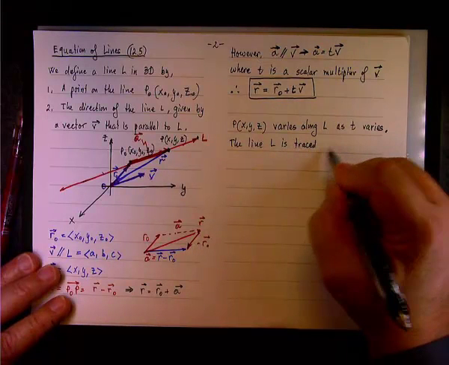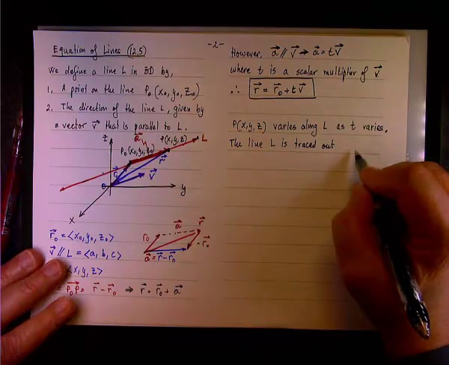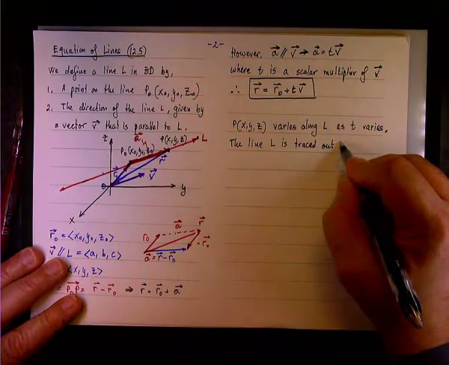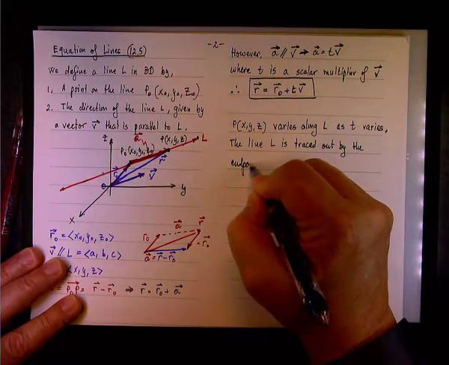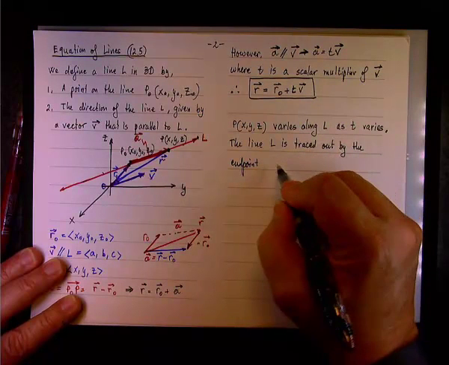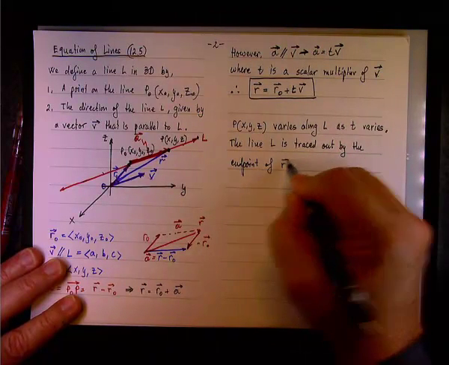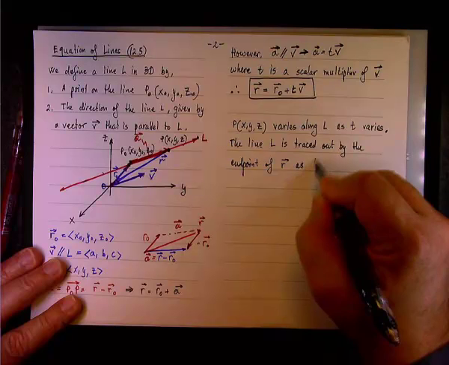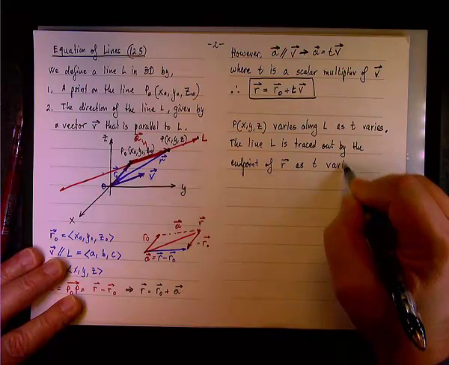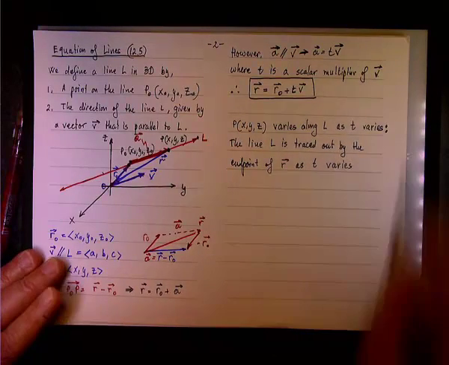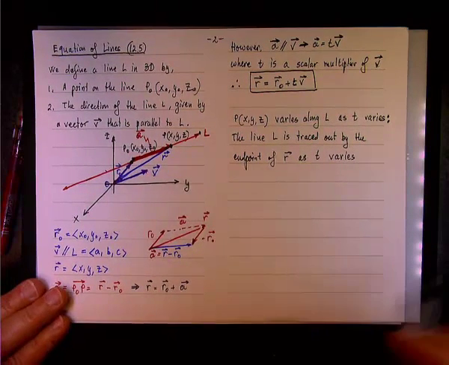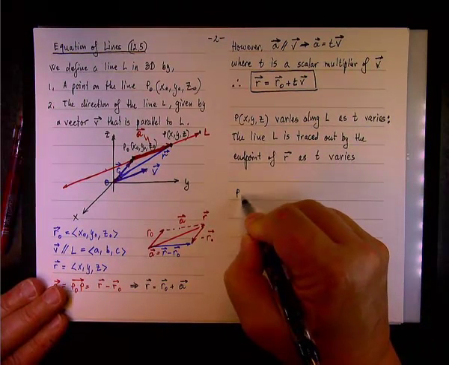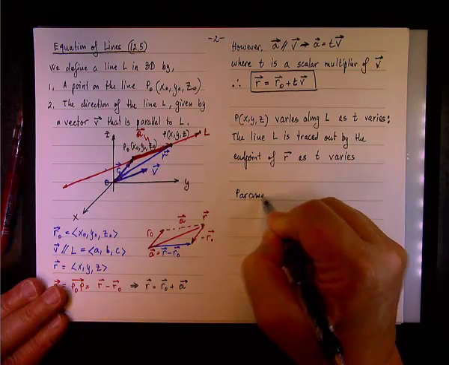Or another way to describe it is to say that the line L is traced out by the endpoint, or by the tip of vector R as T varies, which is the same thing as the earlier statement.